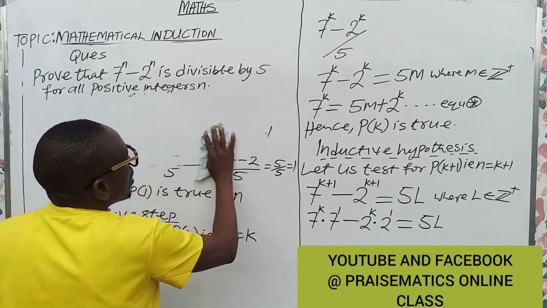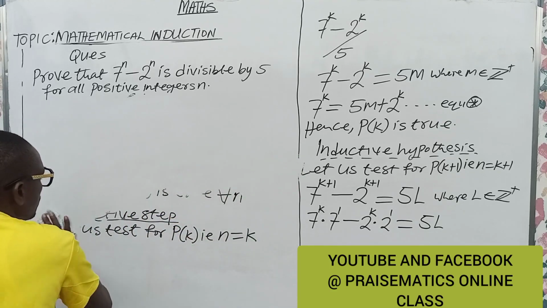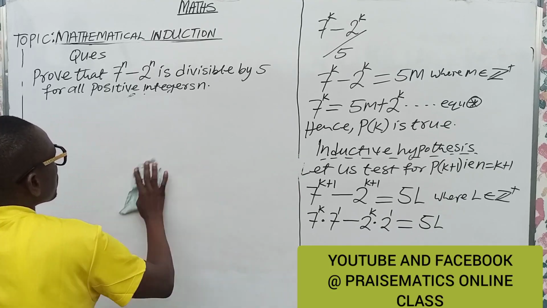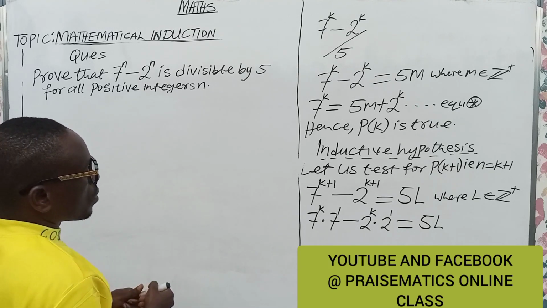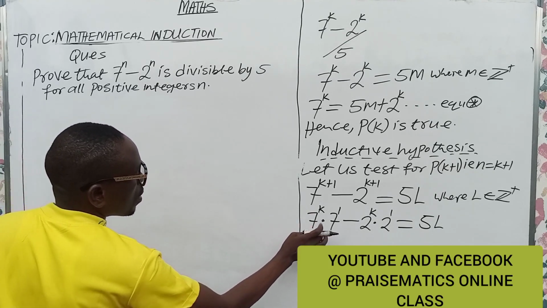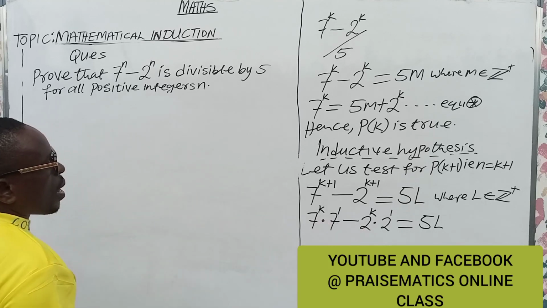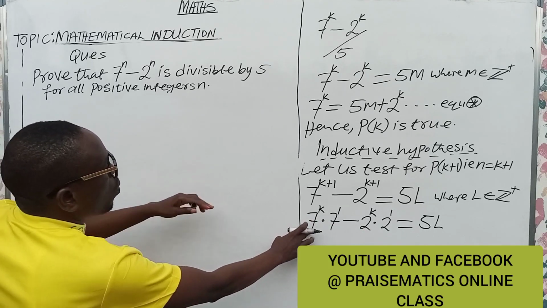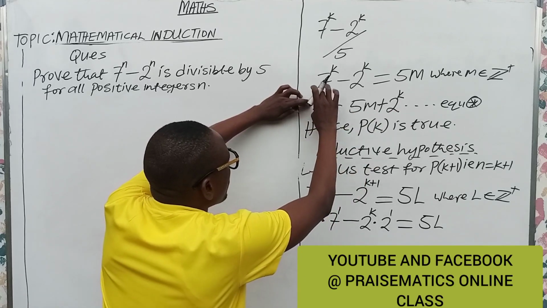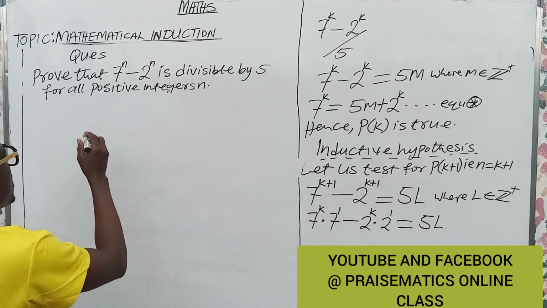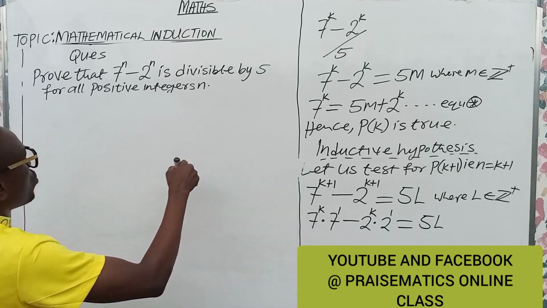Now, having done that, let's continue here. From this place, I will substitute this 7 raised to power k from equation star. Anywhere I see 7 raised to power k, I'll substitute it. But before I substitute this, I have to do this like this.